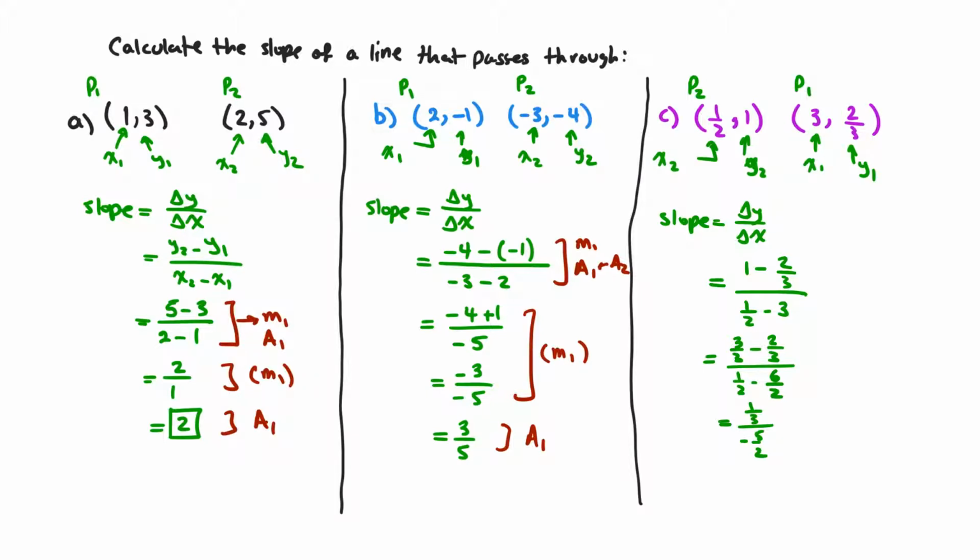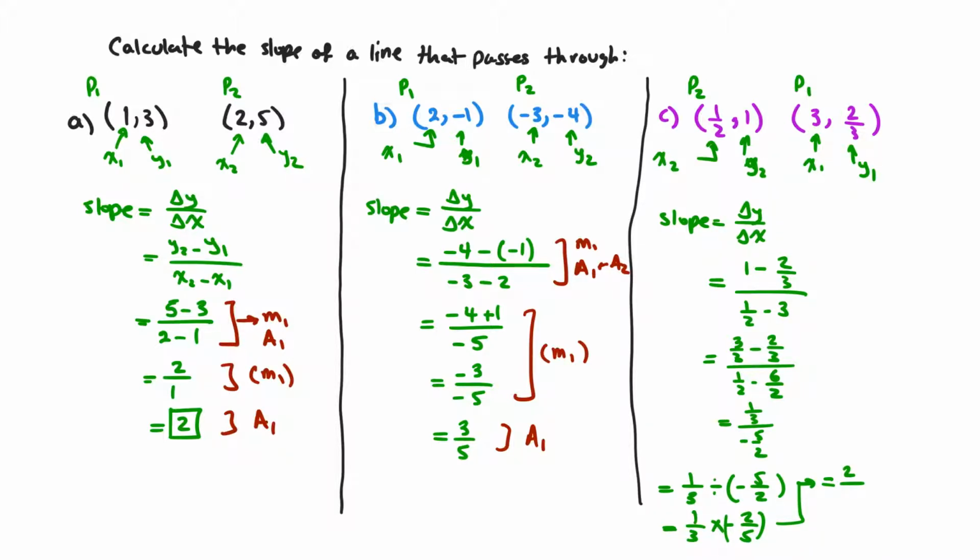And I will simplify this and write it as an actual division. This is saying 1 over 3 divided by negative 5 over 2. I can change the division to multiplication and flip my denominator and numerator, or take the reciprocal, so I should end up getting 2 over 5.